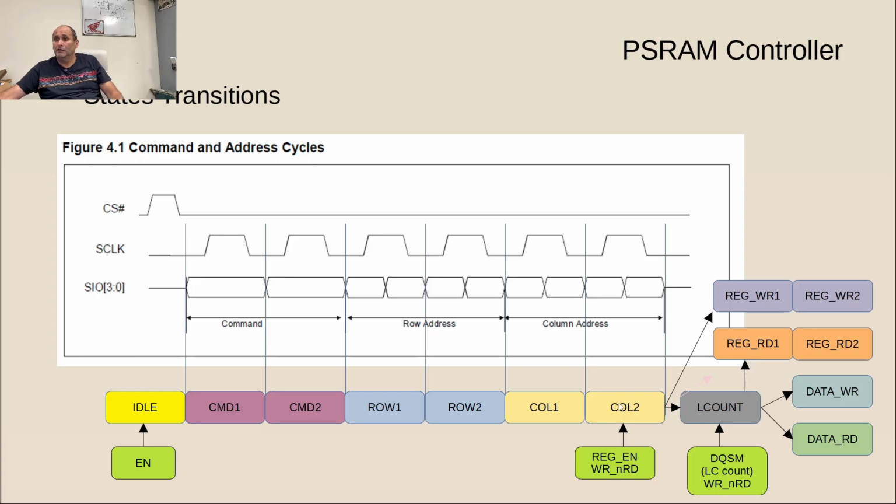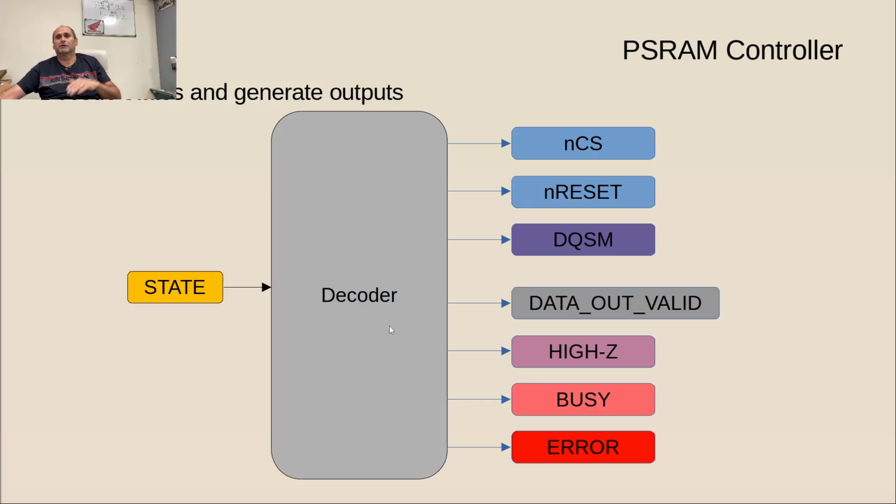And here on the column address second cycle, based on whether there is a register enable access, and of course whether it's a read or write, we branch into this flow, or this flow, or this flow. So those signals here in green are the decision points in how the state machine is going to branch.